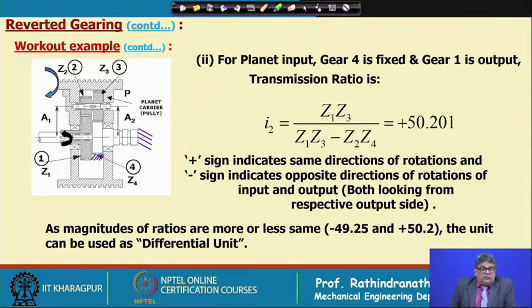So, if we use that as a differential unit, then this gear unit will not only act as a differential unit, but will also act as a reduction unit, as the ratios are small.